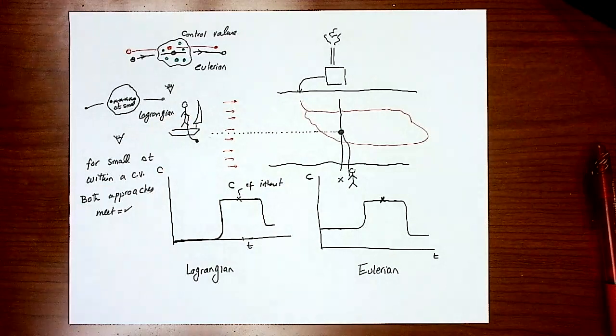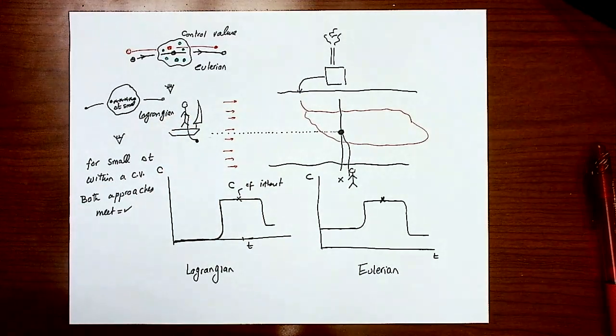So in this situation, Lagrangian for a selected small time interval can exactly meet the Eulerian approach. Okay, so that's what some people talk about, that we can actually make them meet. They shouldn't give us different results if we pick a small time interval.